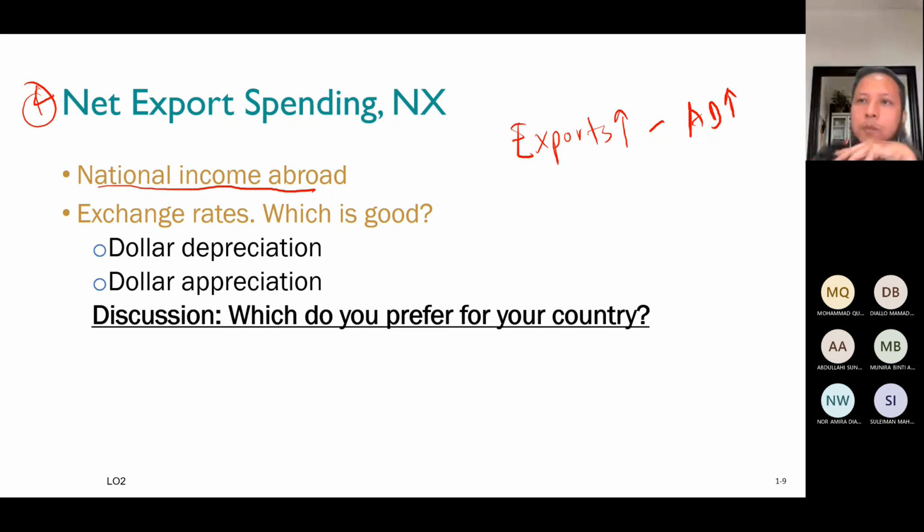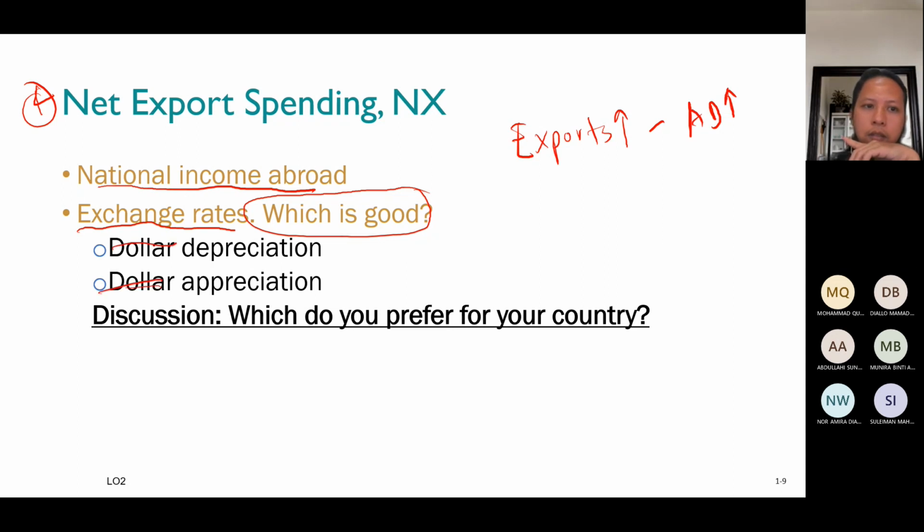Okay, let's continue. I just want to see your thoughts on this, and I've already explained this. One of the main factors that will influence exports is the exchange rate. So the question is, what is actually good? We don't put dollar.